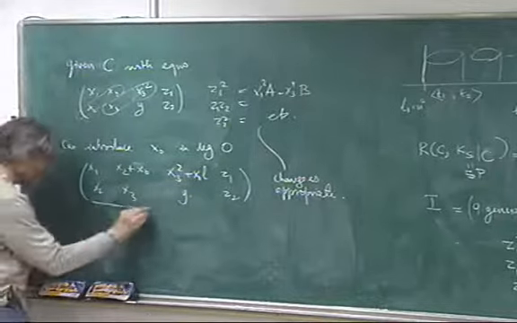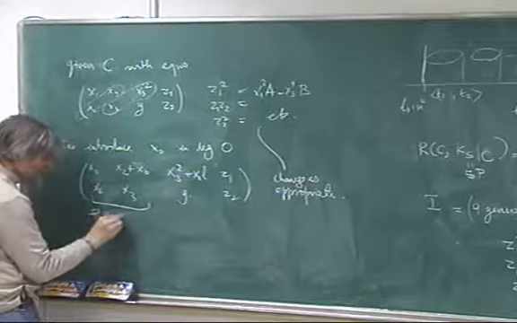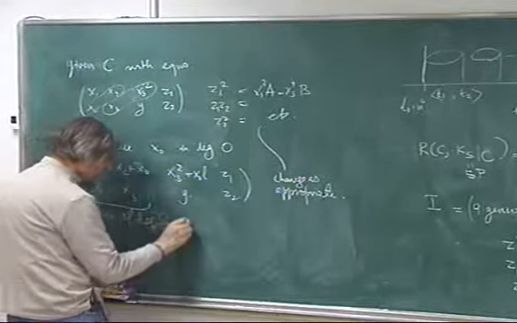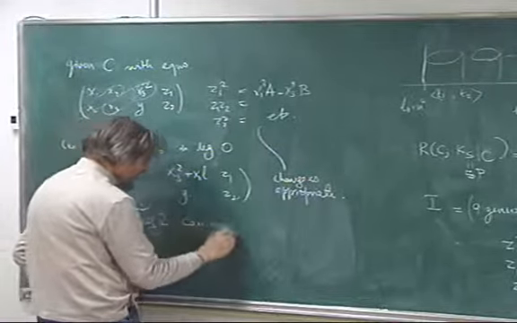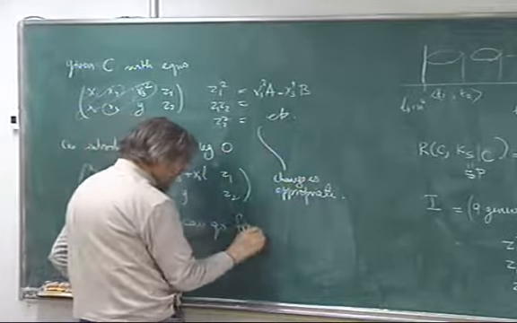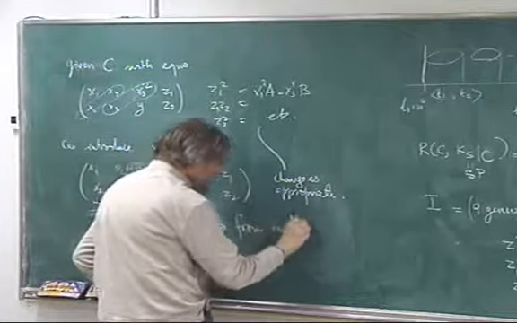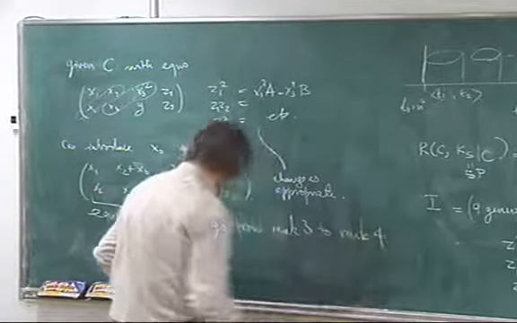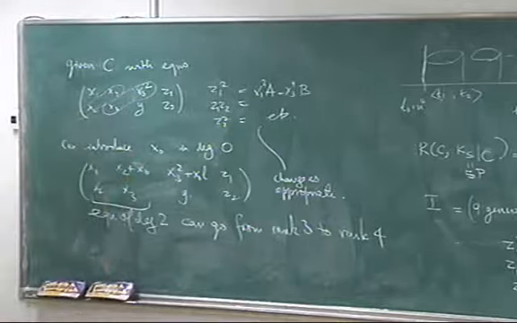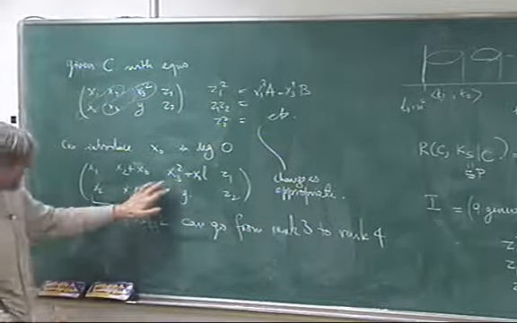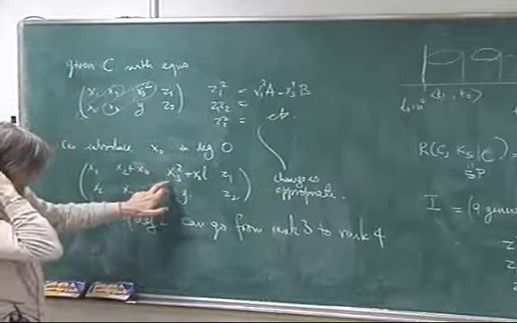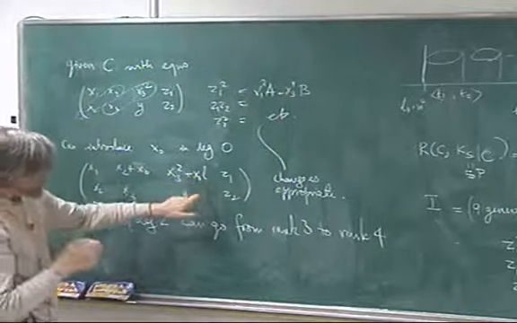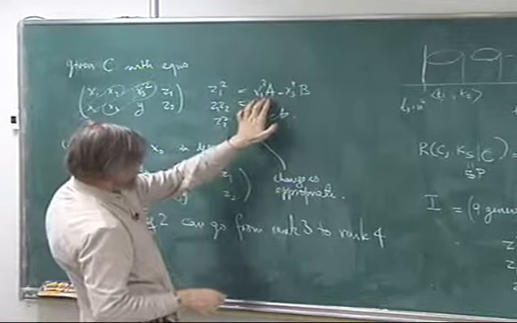So in particular, now, the equation of degree 2 can go from rank 3 to rank 4. Right, and so by doing this for different choices here, I can also change the A and the B.